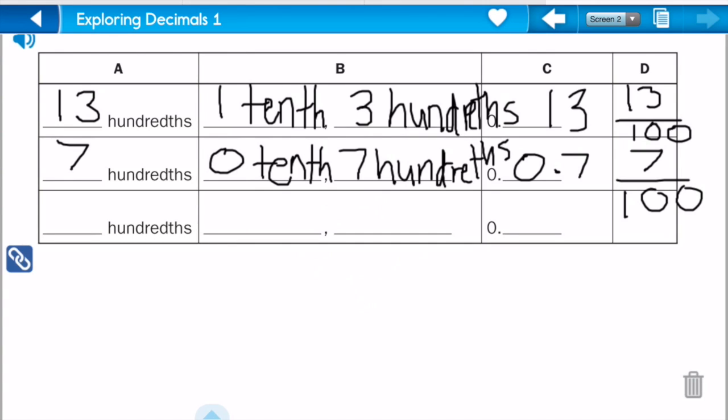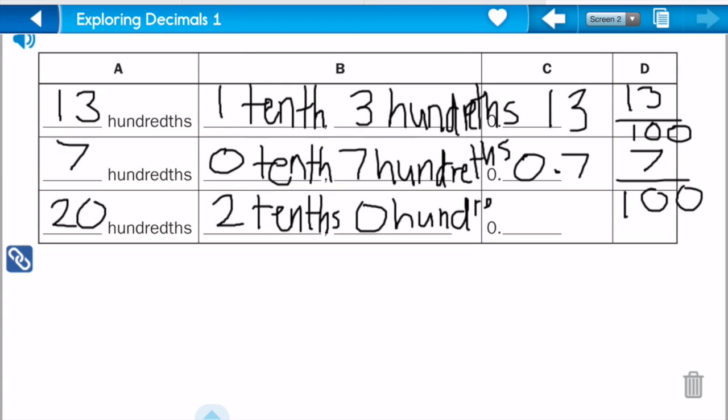So we're going to write our number, which is 20 hundredths. So there are 2 groups of tenths and 0 hundredths. Once again, I'm sorry about my writing.